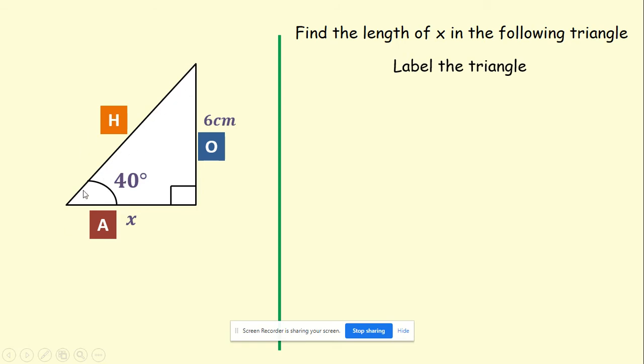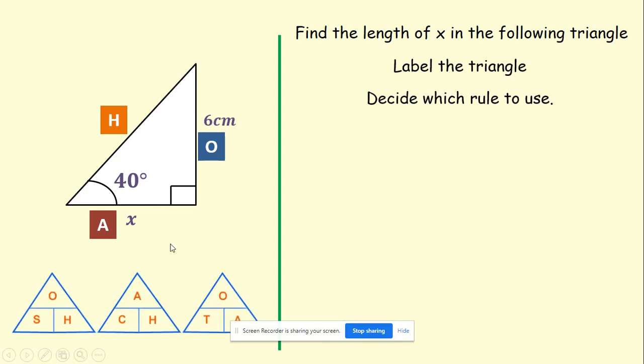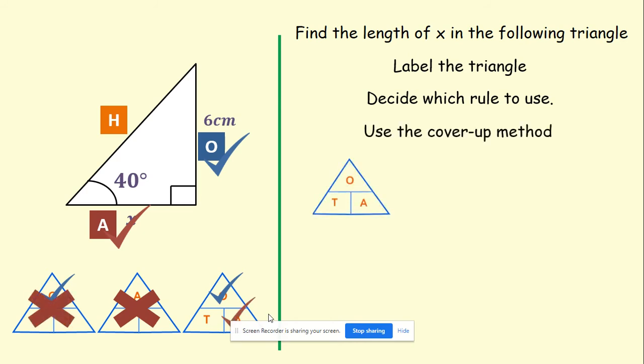It doesn't matter if it's the flat one on the floor, we're looking for that hypotenuse first. The adjacent is between my right angle and my angle, and my opposite is opposite this angle. So which of the ratios are we using? Well, I want adjacent and opposite, so I can quickly see that we are going to be using tan again for this one.